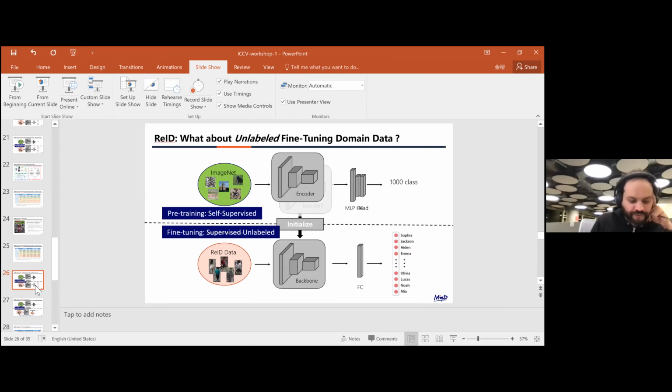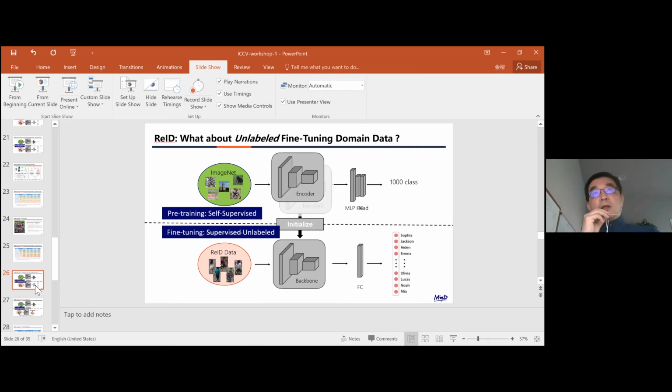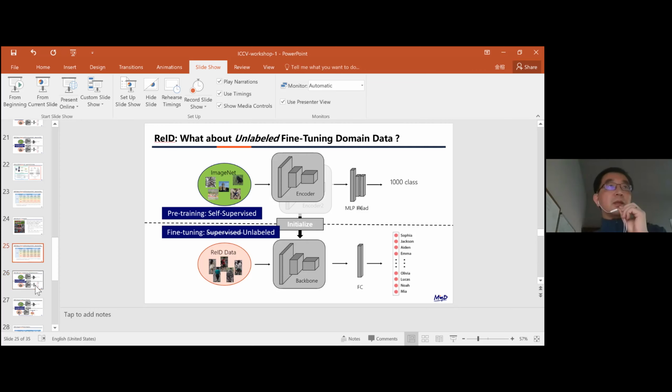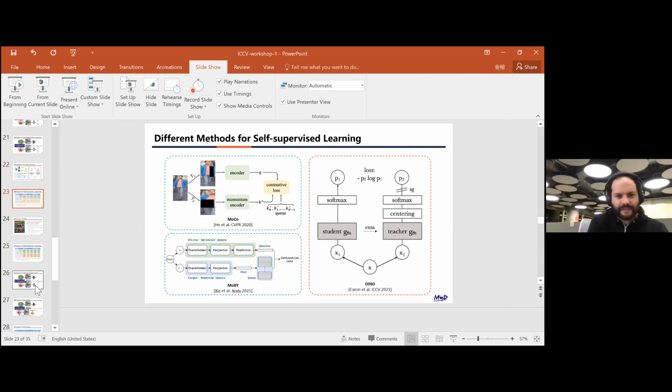So when you change to fine-tuning with unlabeled data, because you're already doing pre-training, if I remember correctly, on the LU person data set, why isn't that already enough?